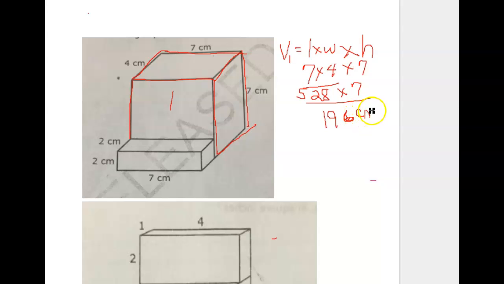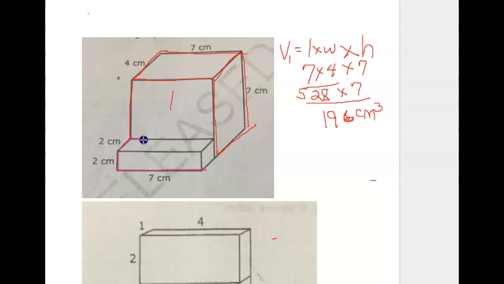Okay? Now let's move on to box 2. Box 2 also has complete dimensions. This is the length of box 2, I will also color it. This is the length. This is the width. And this is the height.